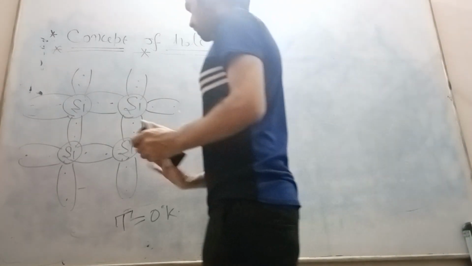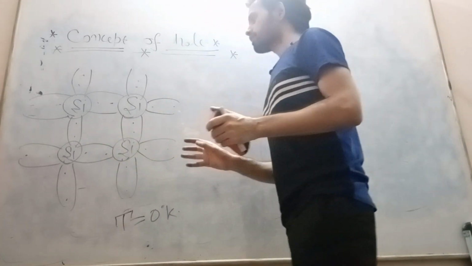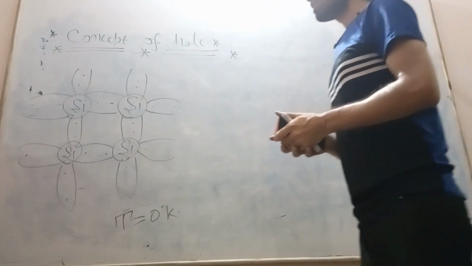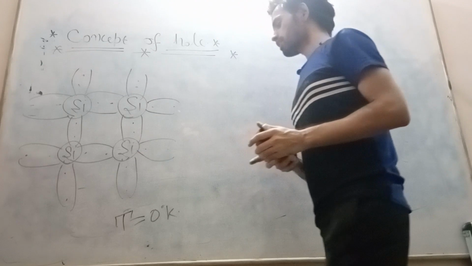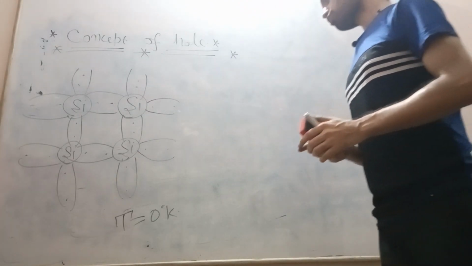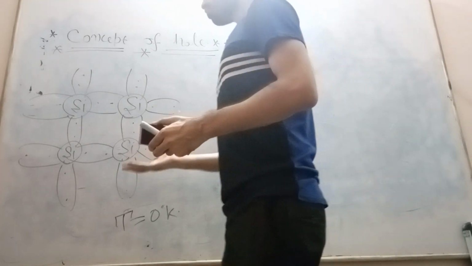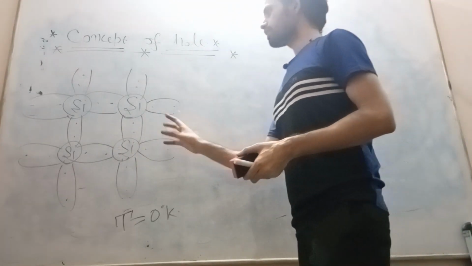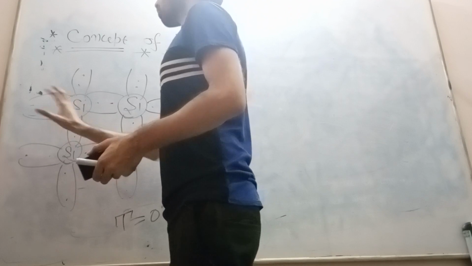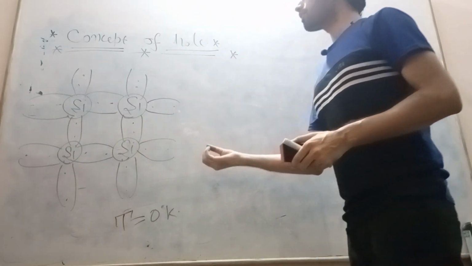Now let us take this crystal at a temperature greater than 0 degree Kelvin, the normal room temperature, like 25 to 27 degrees Celsius. If we take this to room temperature, then what happens?